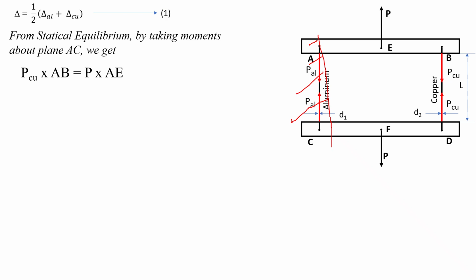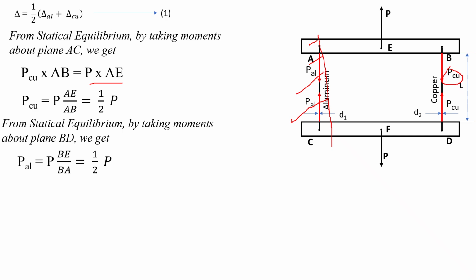So P into AE should be equal to the downward force PCU into distance AB. So PCU into AB equal to P into AE. From here we can write PCU equal to P into AE by AB. Here E is the midpoint between the points A and B. So PCU can be written as 1 by 2 into P.